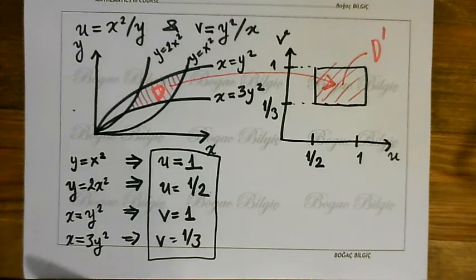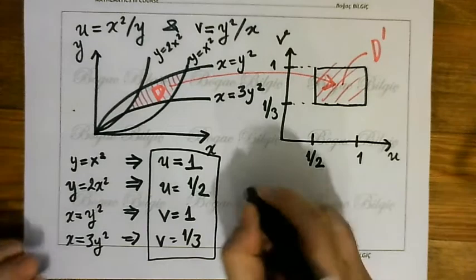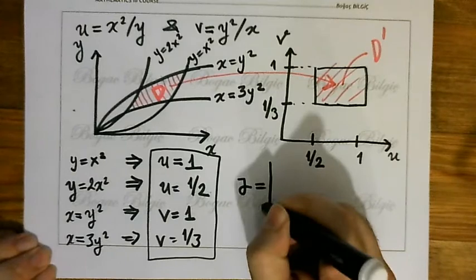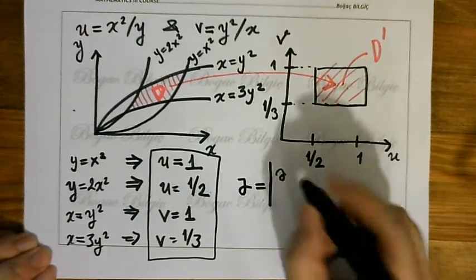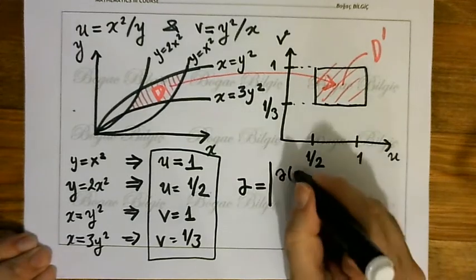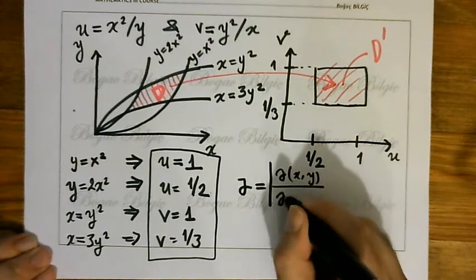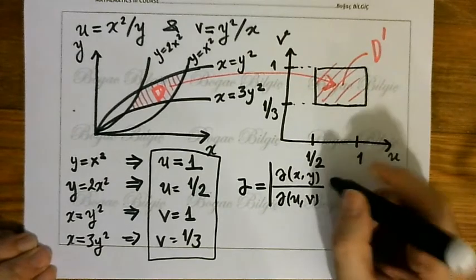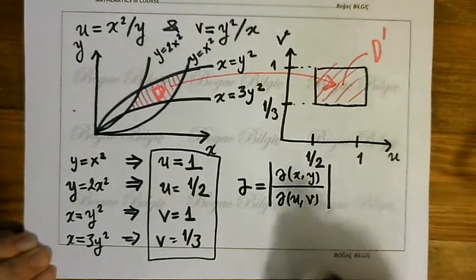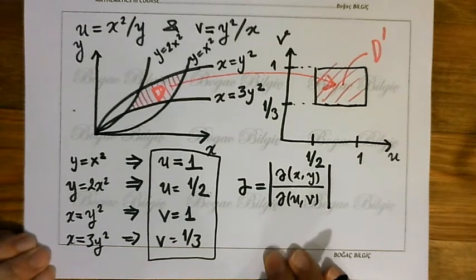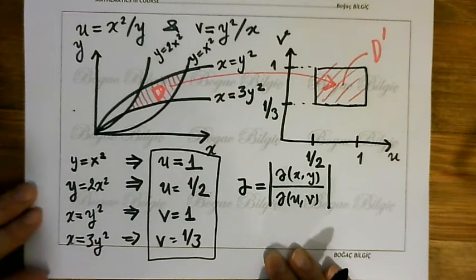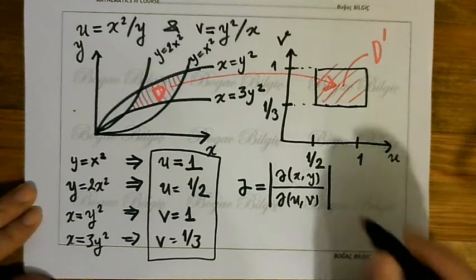And now the Jacobian is the determinant of del x y over del u v. If you don't want to calculate the inverse transformation, you can use this specification.